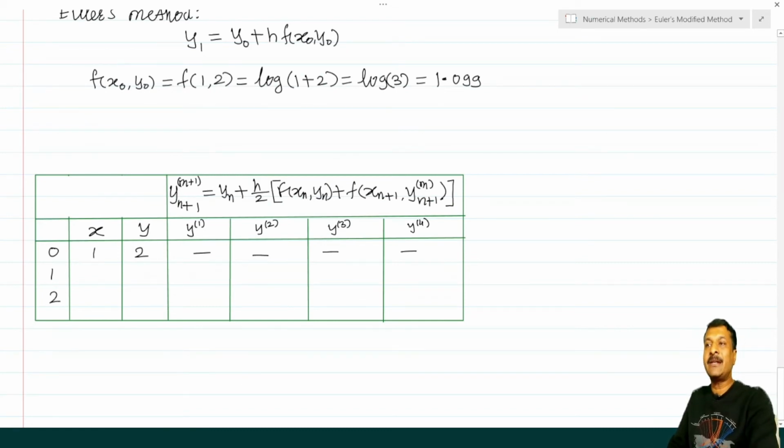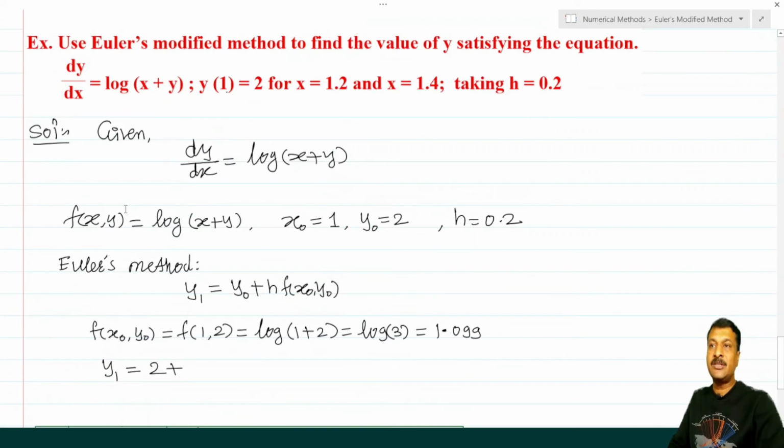So here I am getting x0 y0 with this one. I want to find the first y1 value. So y1 is equal to the y0 value, y0 is 2, h times f of x y, which is log of x plus y. You can also write here the value of h, which is 0.2.